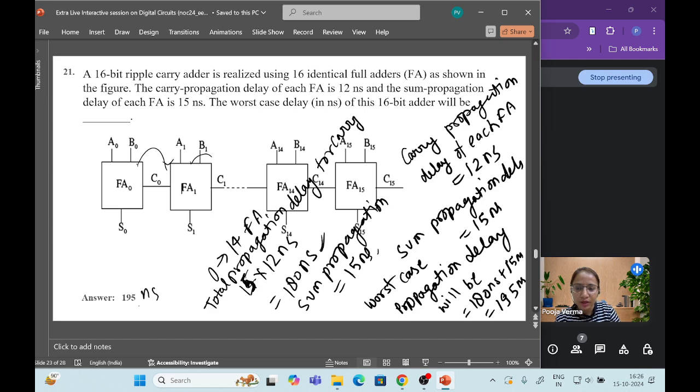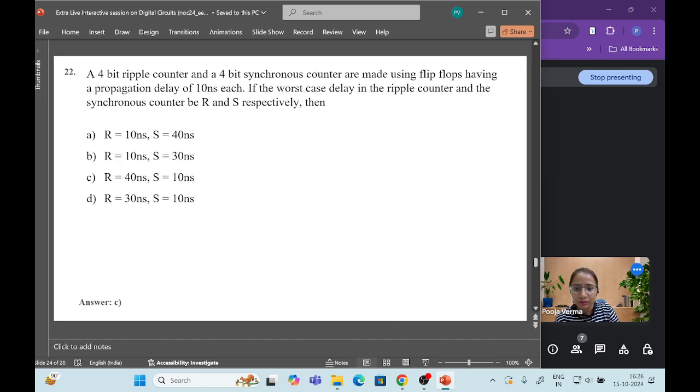So moving to the next question. Okay, so the next question is: a 4-bit ripple counter and a 4-bit synchronous counter are made using flip-flops having a propagation delay of 10 nanoseconds. If the worst case delay in a ripple counter and synchronous counter be R and S respectively, then what are they? So n is equal to 4, because it is a 4-bit ripple counter and 4-bit synchronous counter.